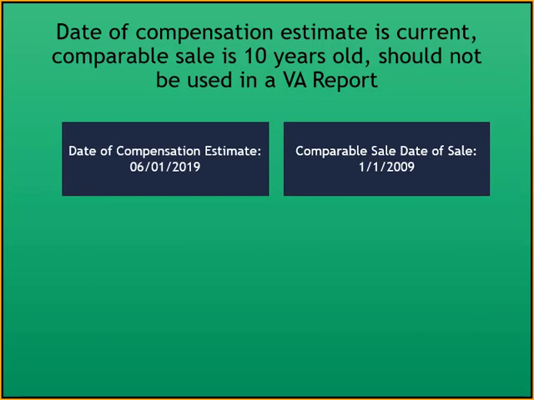Date of compensation estimate is current. The comp sales are 10 years old and should not be used in the VA report. So in this instance, the subject is being valued as of June 1st, 2019. The comp sales are January 1st, 2009.